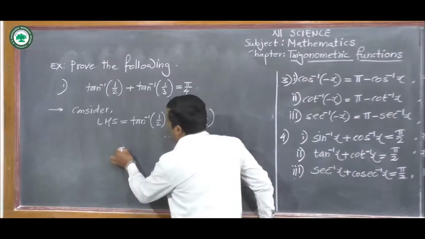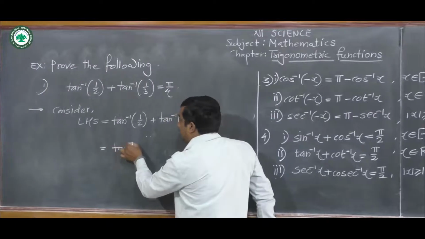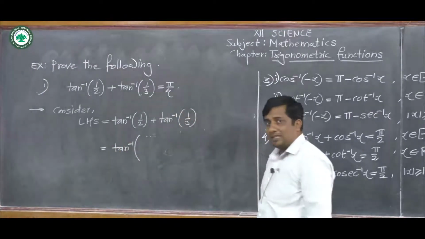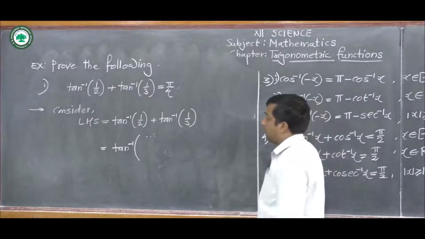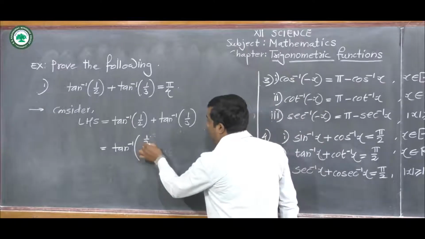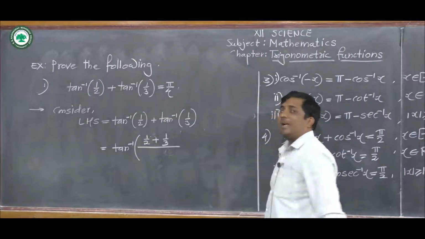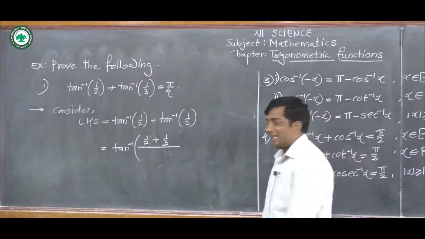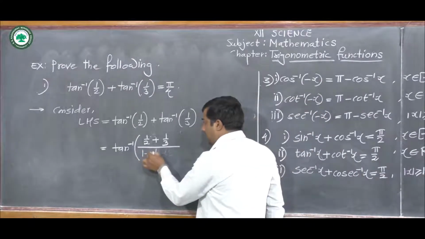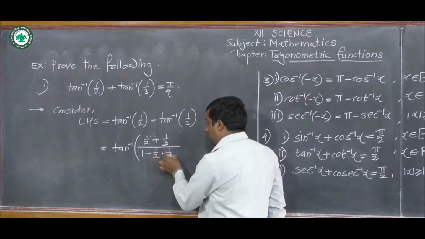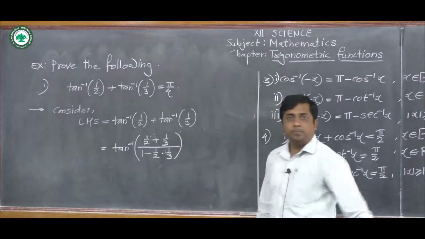So this is equal to tan inverse of, inside the bracket we consider x plus y, means 1 upon 2 plus 1 upon 3, divided by 1 minus xy, means 1 minus 1 upon 2 into 1 upon 3.